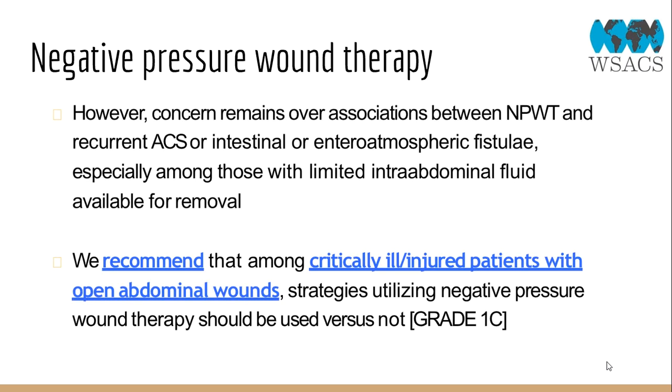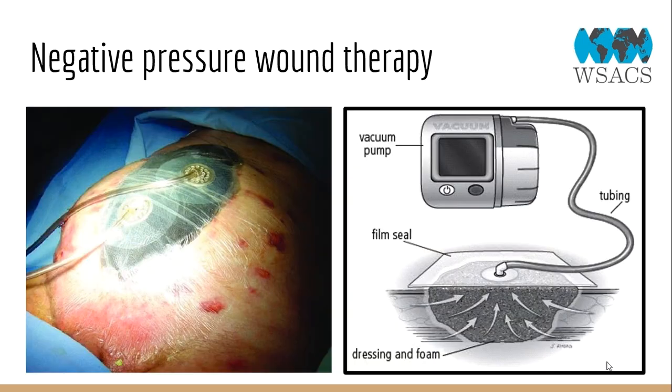And it is always recommended in critically ill injured patients with open abdominal wounds. So it looks like this. There is a drape and negative suction applied over it, and there is a seal.